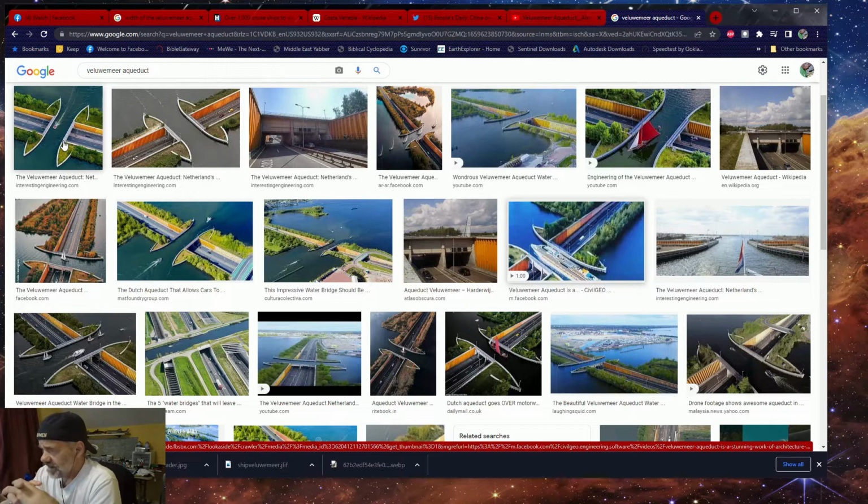But in question is this video down here. And there's a couple other videos as well. But this video, and I have this video, it's kind of a mirror image of this one, but it shows this massive ocean cruise ship passing through the aqueduct.